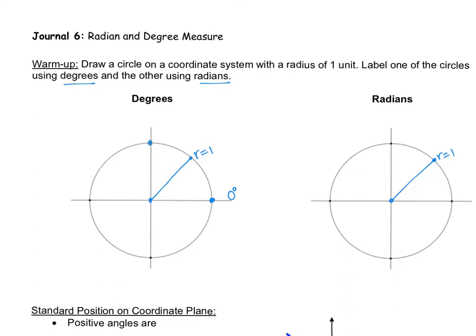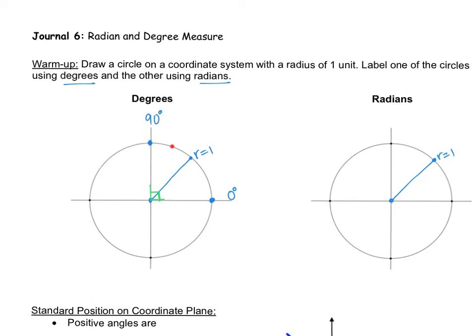And then when you get to here, notice that you've gone from the x-axis to the y-axis, and that is 90 degrees, which should make sense because if you look at the coordinate system, this here is 90 degrees. So when you reach the top, it's 90 degrees.